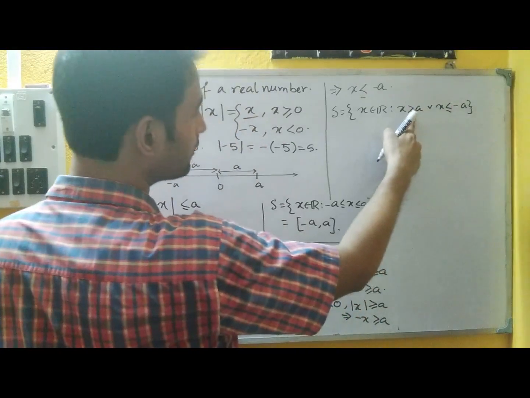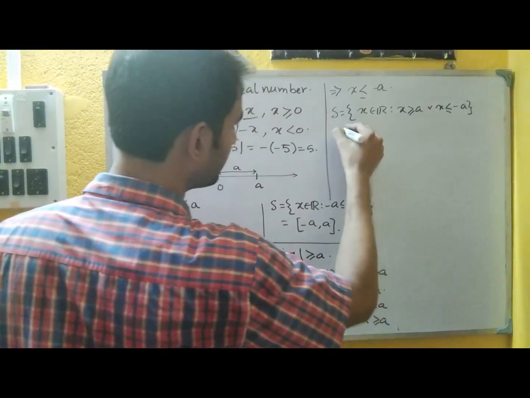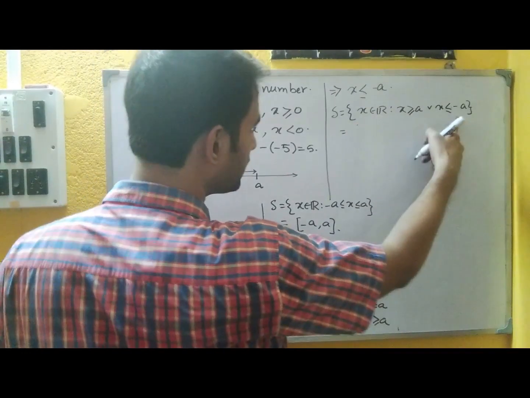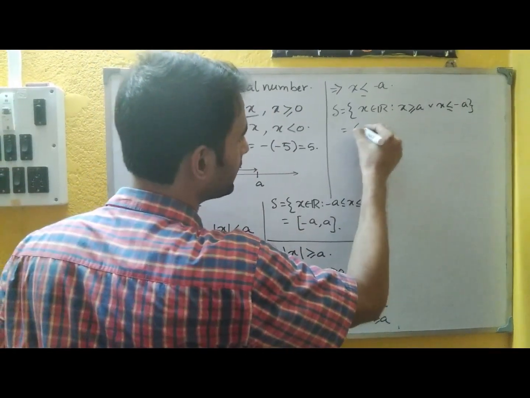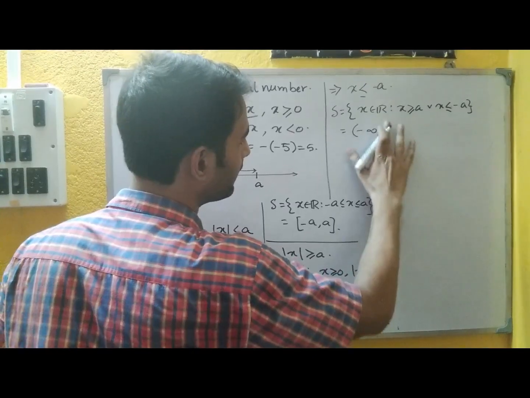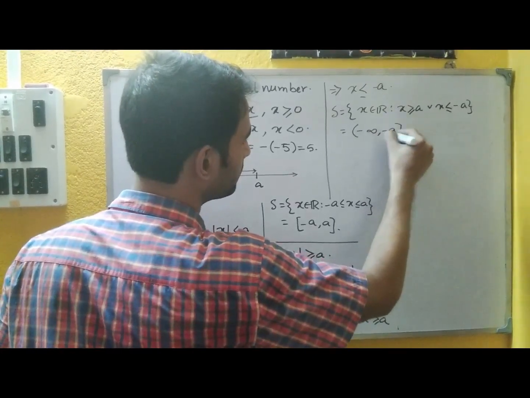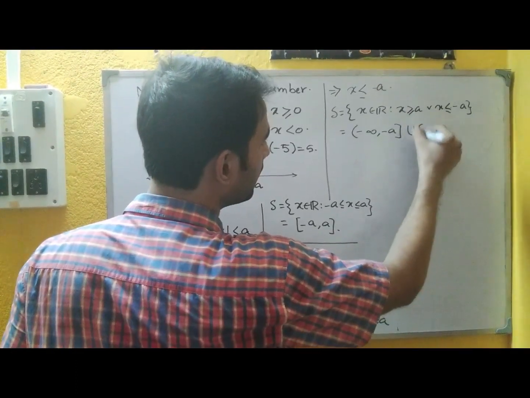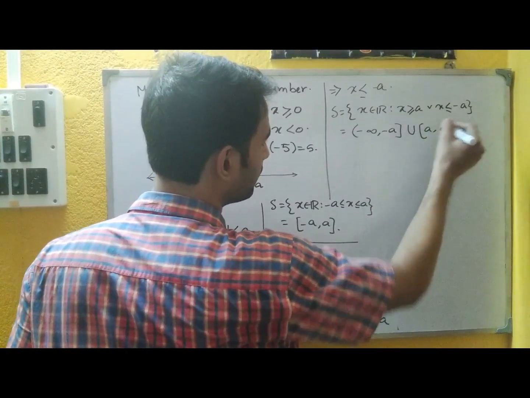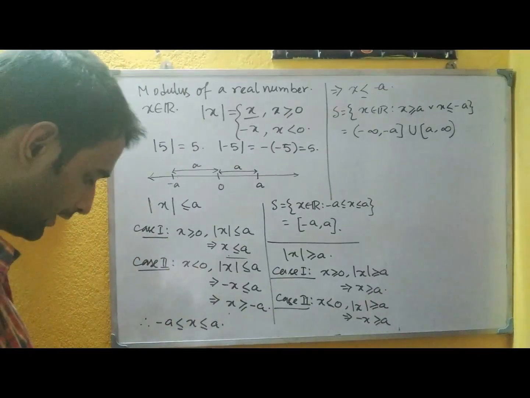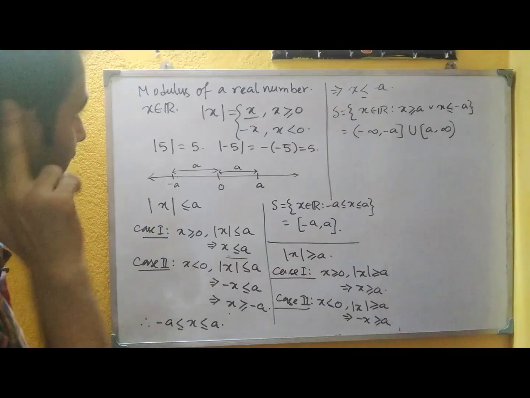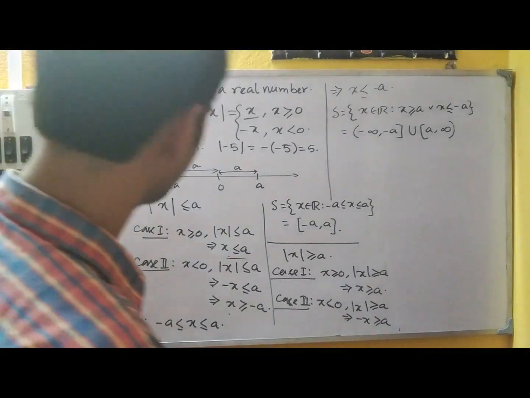So either it is greater or equals to a, or it is less than or equal to minus a. For the lesser inequality, we can write it like this, and this OR stands for union, and then for the greater inequality we get a to infinity. So this becomes the solution set for mod x greater or equal to a.